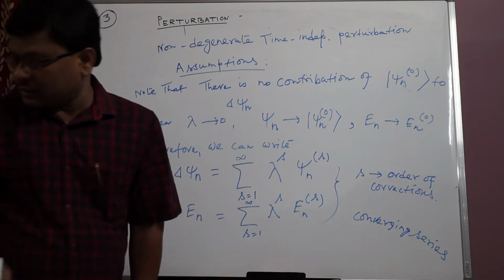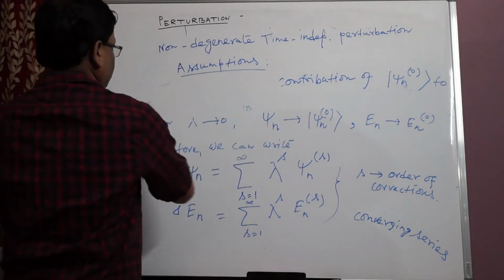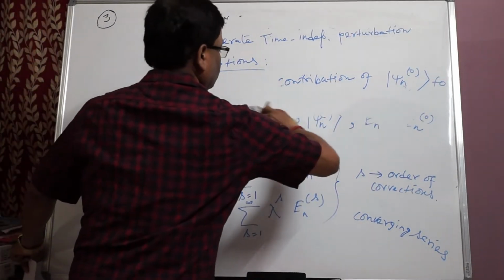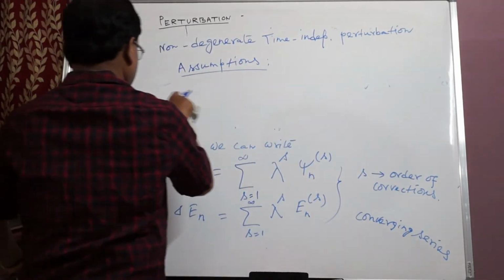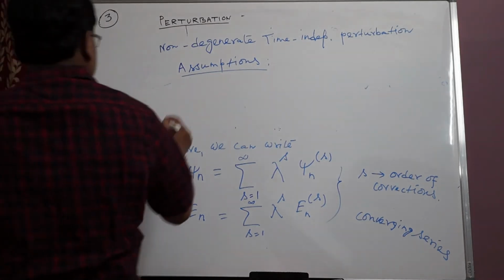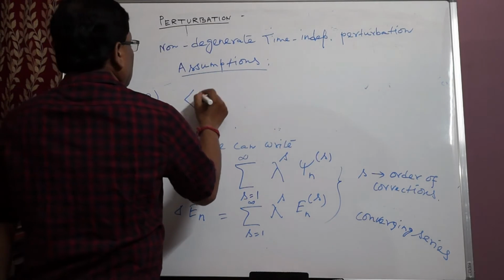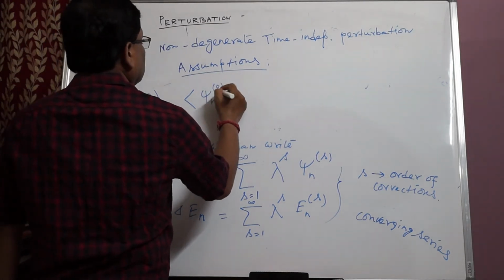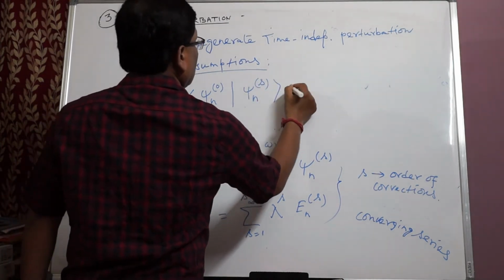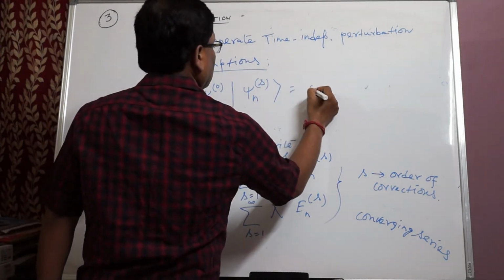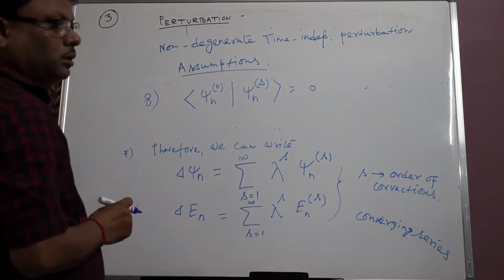Our last assumption is that psi n0 and its correction terms are orthogonal.